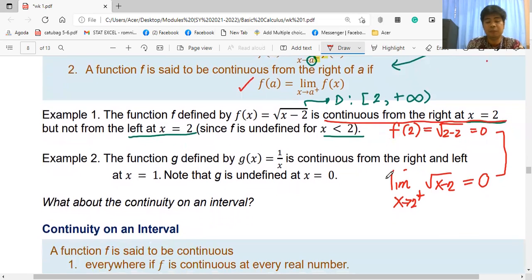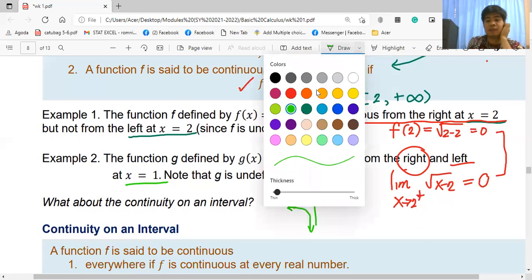Okay? In number 2 naman, we can see that g of x that is equal to 1 over x is continuous from the right. Okay? From the right, but there is a condition on the left here, from the right of x that is equal to 1. Bakit? Kasi if you check a quick graph of this, ito yung itsura ng graph niya, lagi naman natin to ginagraph since midterm.